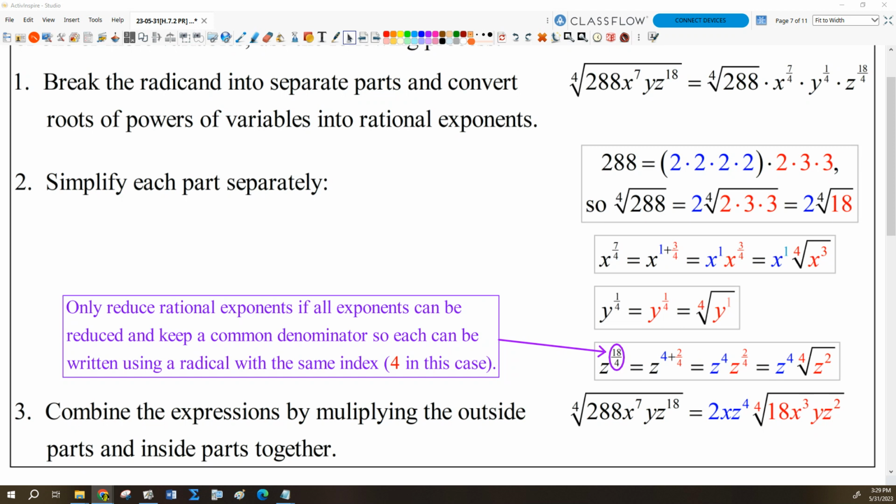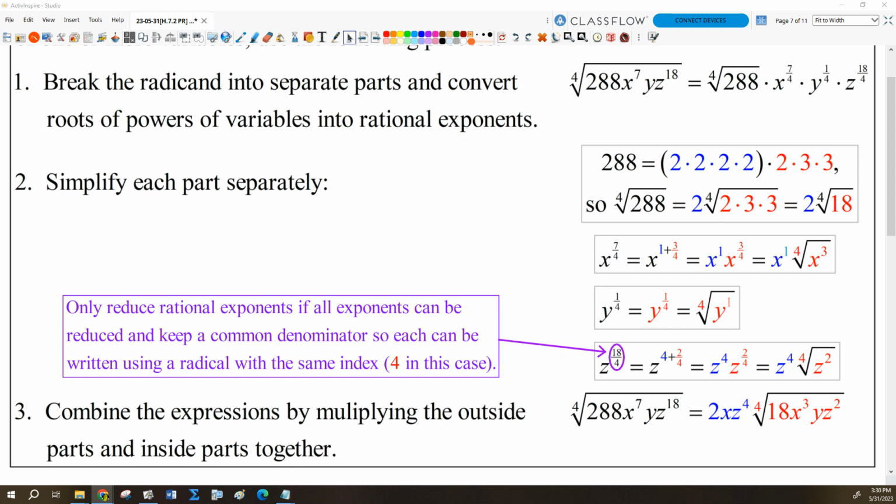Okay, last issue. What about the z to the 18/4? Do I want to write that as a 9/2? You're right. How come I do not want to write it as a 9/2? I could reduce the fraction to a 9/2, but what's the problem with that? Okay, that would require a different kind of a root, wouldn't it? A 9/2 would be, that means if the denominator turns into a 2, now it's not a 4th root anymore.